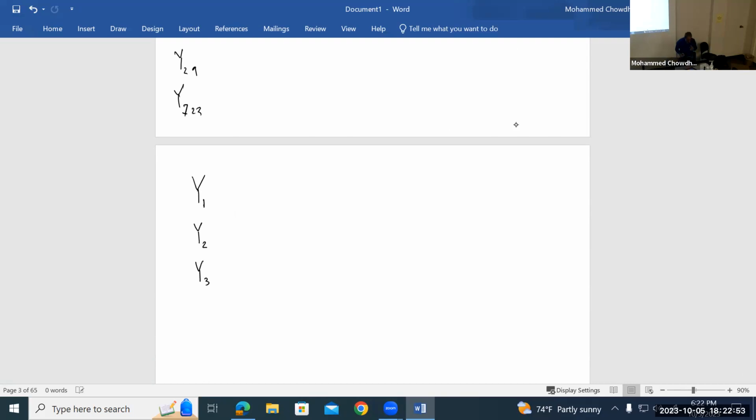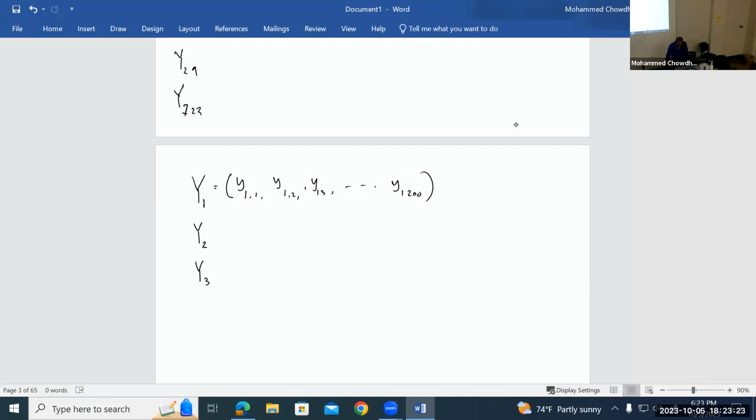In this way you can write Y_1,1, then Y_1,2, then Y_1,3, and it will go up to, suppose, 1,200. Understanding mathematical notation is important.